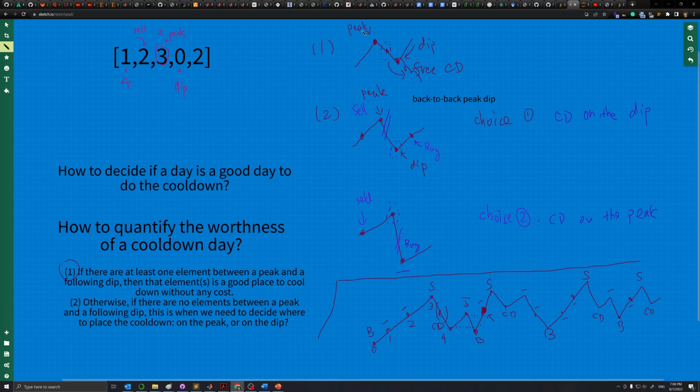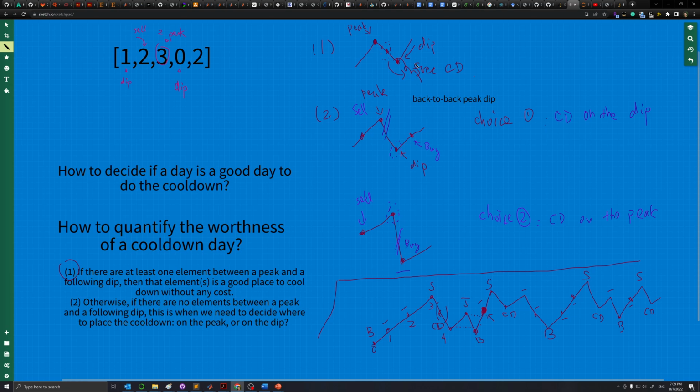If we have a peak value and then a price drop and then another price drop, basically if we have any downslope lasting at least 3 days, then we can use the value at the middle of the downslope as the cooldown day, because we're gaining by holding stock during stock rising.